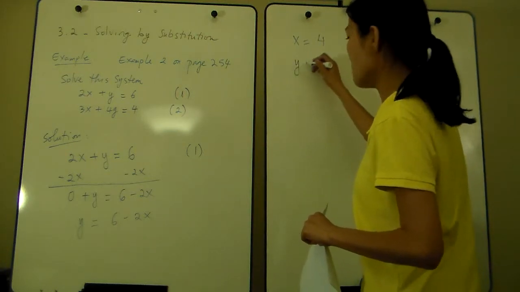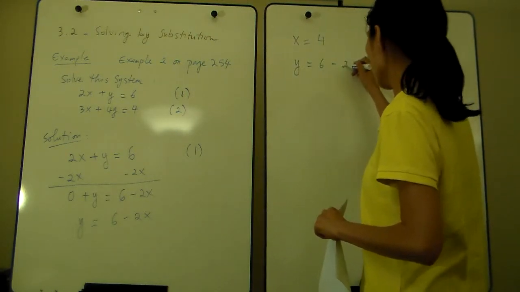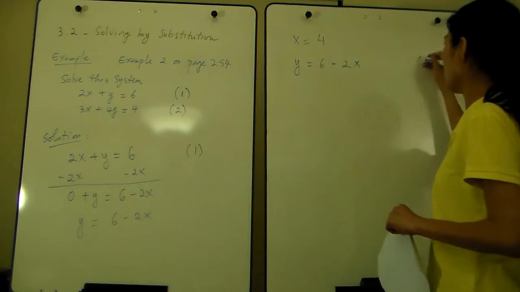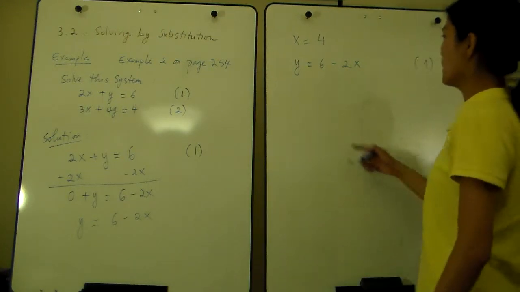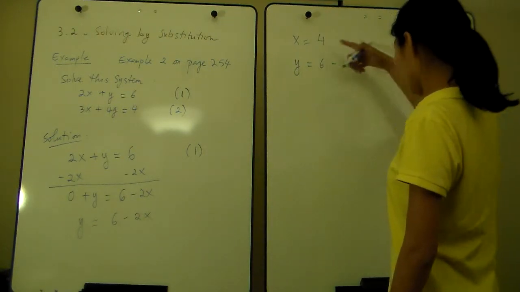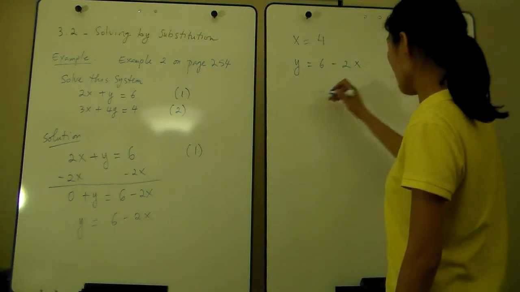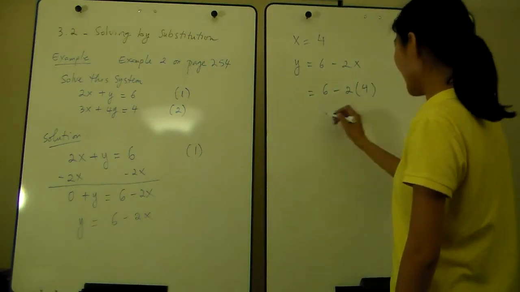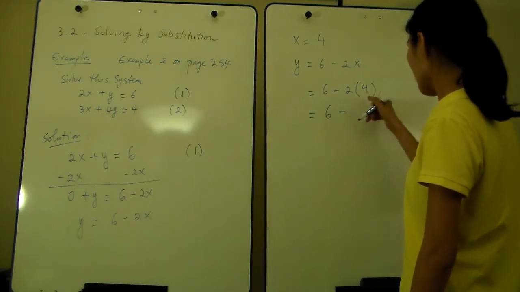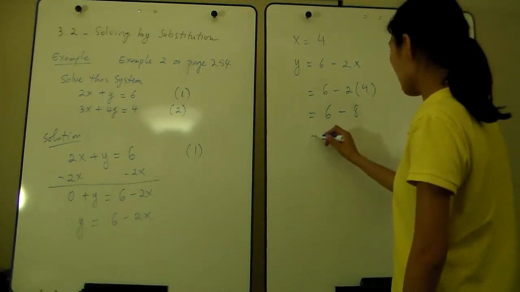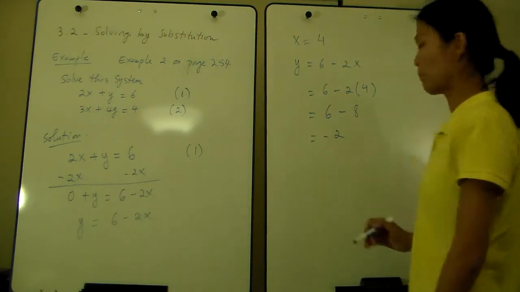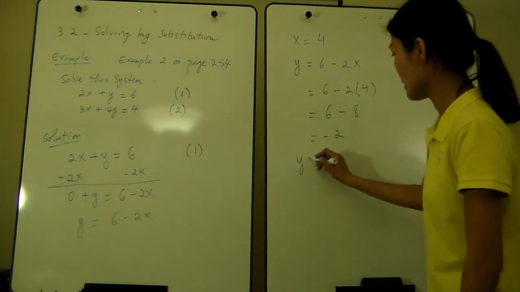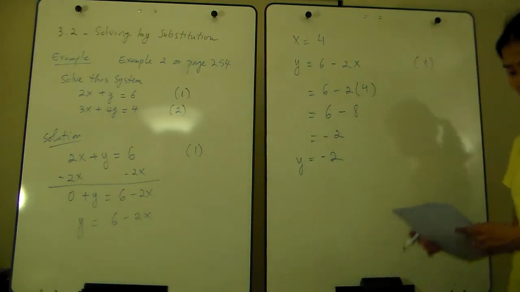So this is 6 minus 2x, right? This is from equation 1. Substitute 4 right here and here. You get y equals 6 minus 2 times 4. Simplify. 2 times 4 is 8. So 6 subtract 8 is negative 2. So that means y is equal to negative 2.